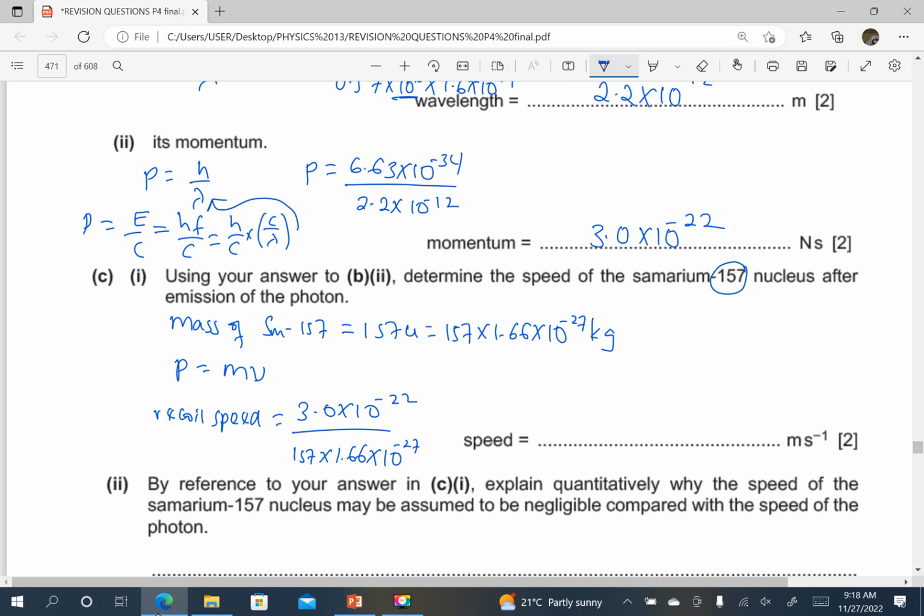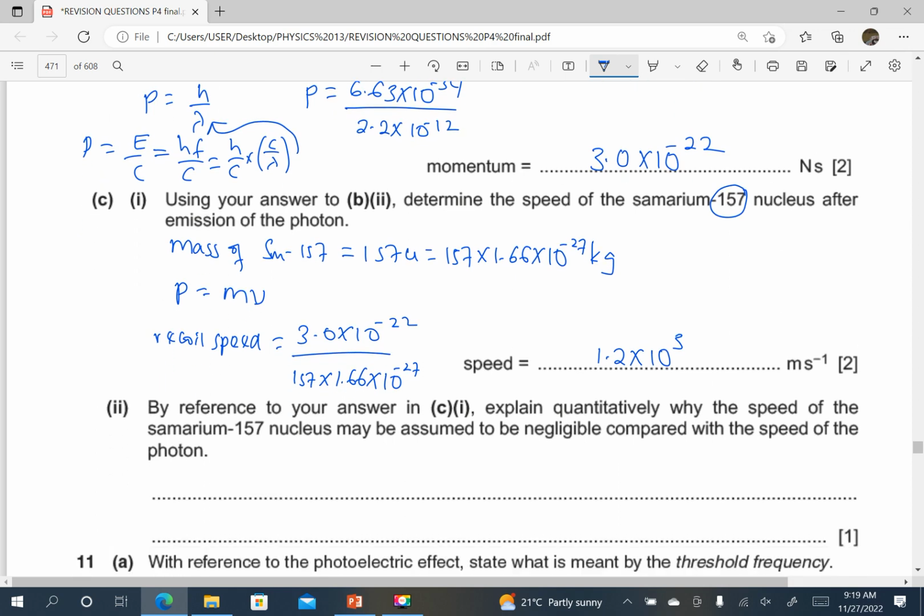So I press my calculator. So from my calculator, the speed is 1.2 times 10 power 3. Always have a calculator and check. The more you learn to use your calculator, the better.